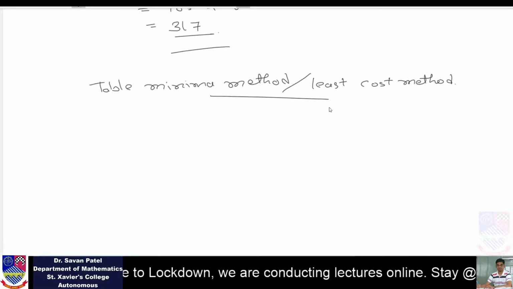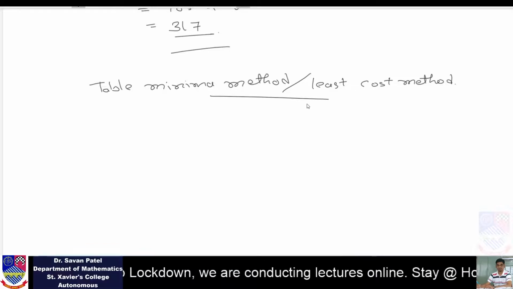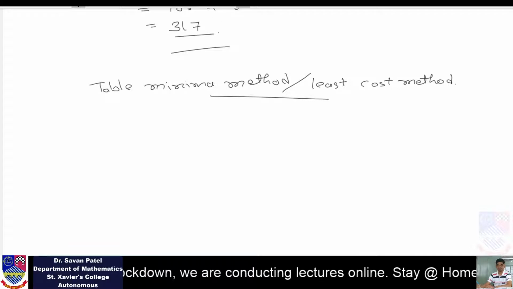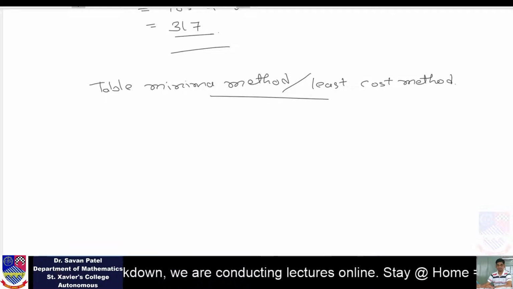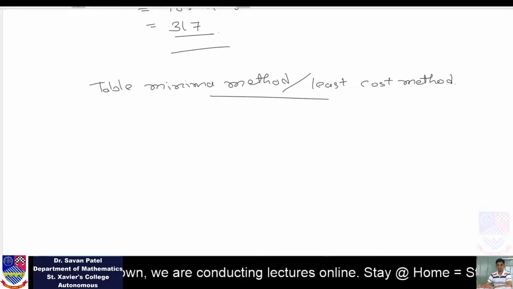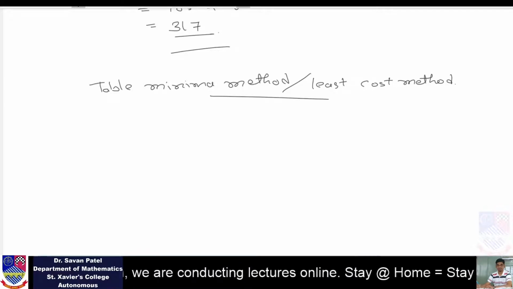This method has two names, table minimum method and least cost method. Here, the only difference is that instead of thinking about row and column, you will continue with the table's minimum. So let me copy the table again so you can get that.